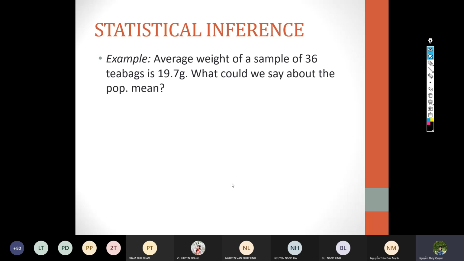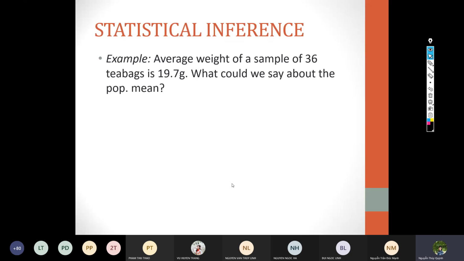For example, when we investigate the income of all households in Hanoi, we want to know the mean income of all households in Hanoi, and how spread out the observed incomes are around the mean.